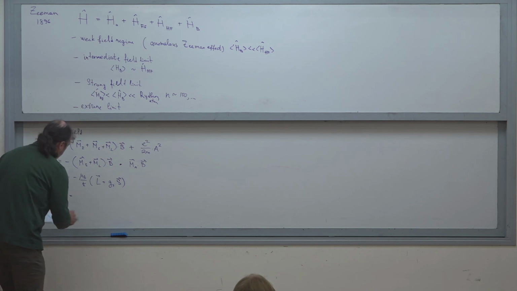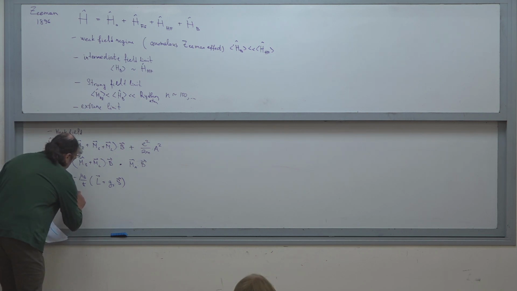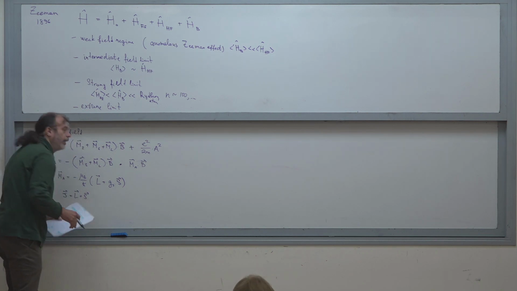This is the J vector. The J vector is just the sum of L plus S, right?